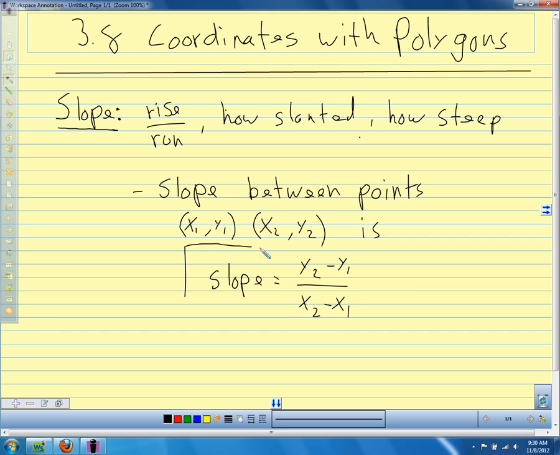So this is our slope formula. This is how we figure out the slope of a segment between 2 points. You take the y2 minus y1, that tells us how far up and down we're going, so that's our rise. And the difference in the x coordinates, left and right, that's our run. So this is how we find the slope of the segment between 2 points.